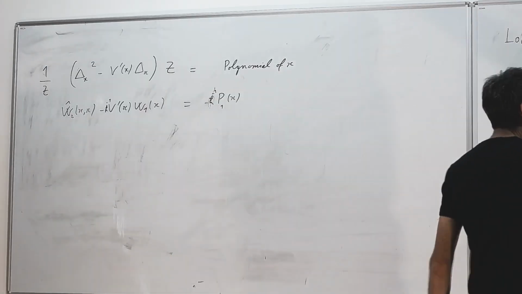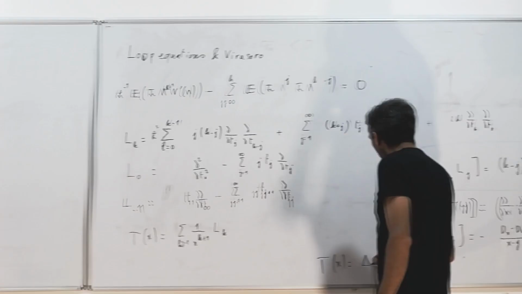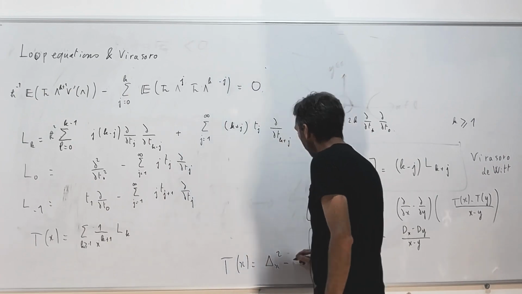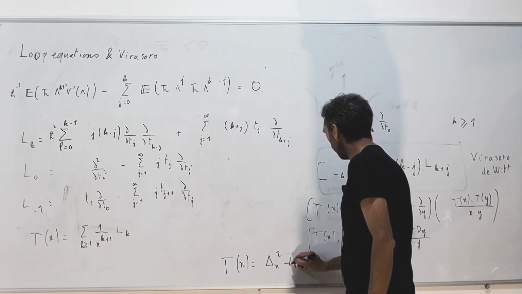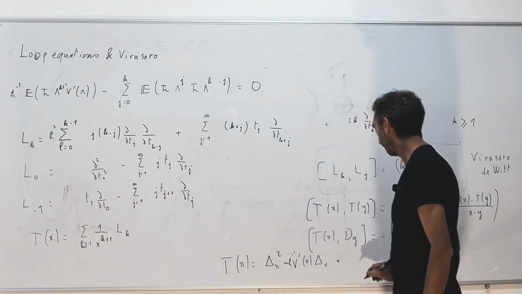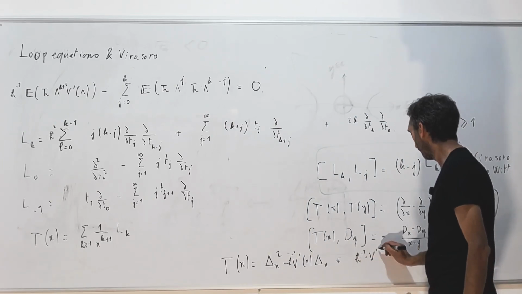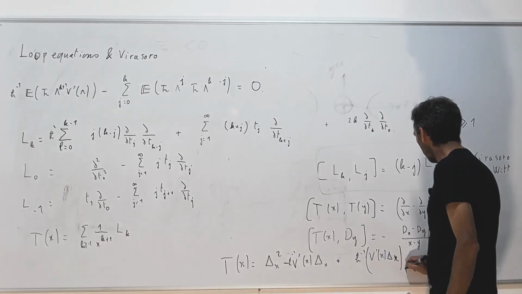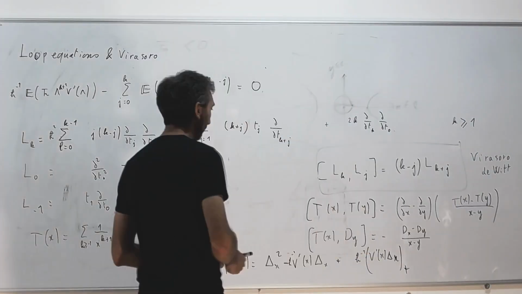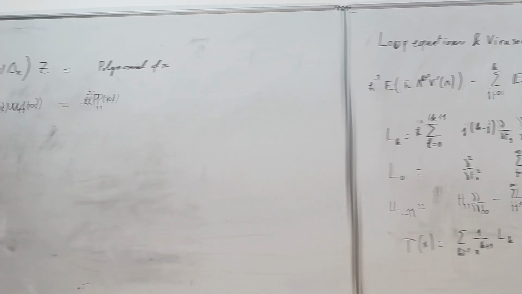Yes, okay, the last formula I forgot to write is that indeed T of x is delta x squared minus v prime of x delta x plus (h bar minus 1) v prime of x delta x and plus the polynomial part, which is just rewriting this.